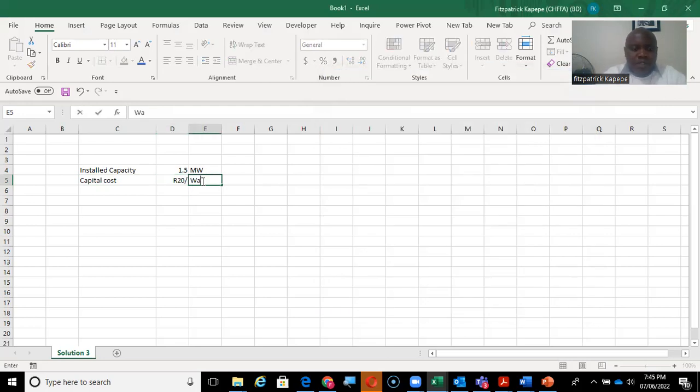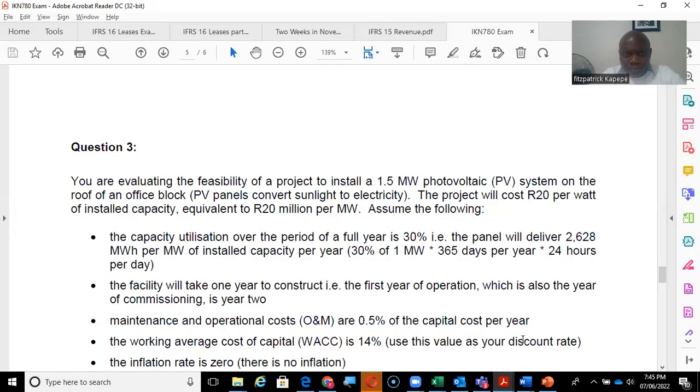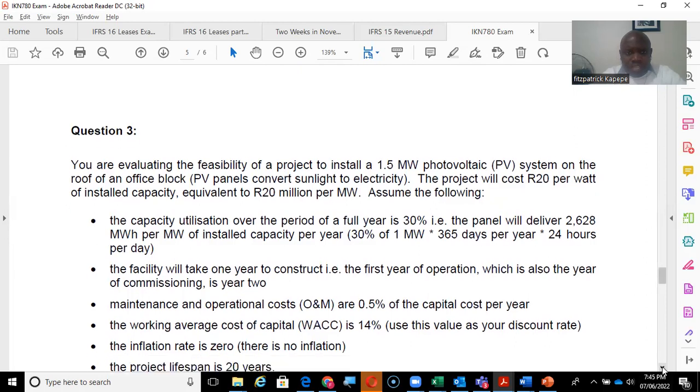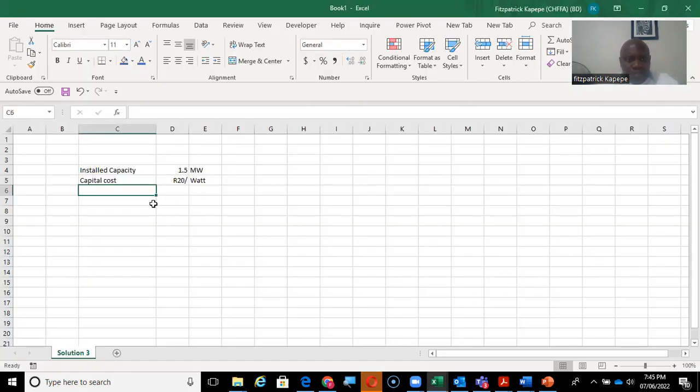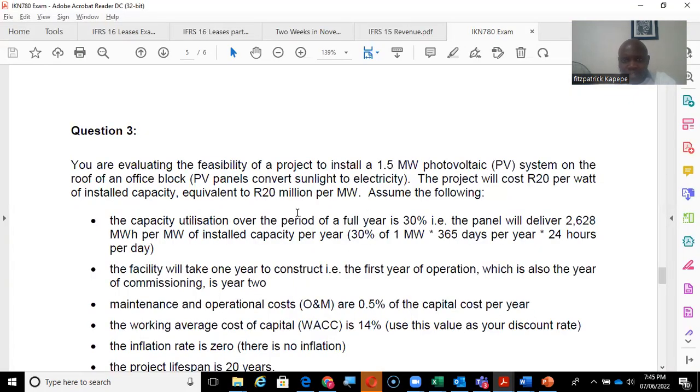So 20 rand per watt. Then we are told this is equivalent to 20 million rands per megawatt. Okay. So 20 rand per watt is equivalent to 20 million per megawatt.